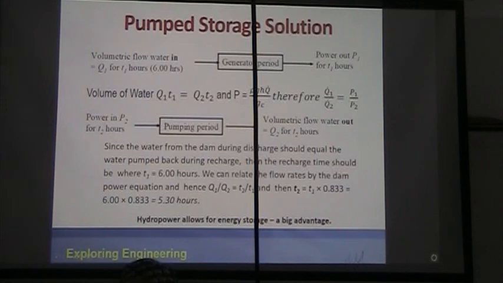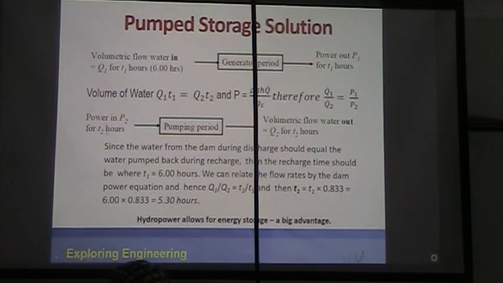And we know that power equals rho times g times h times Q dot, our flow rate, divided by g sub c. Therefore, our flow rate 1 divided by our flow rate 2 is equal to our power 1 divided by our power 2.